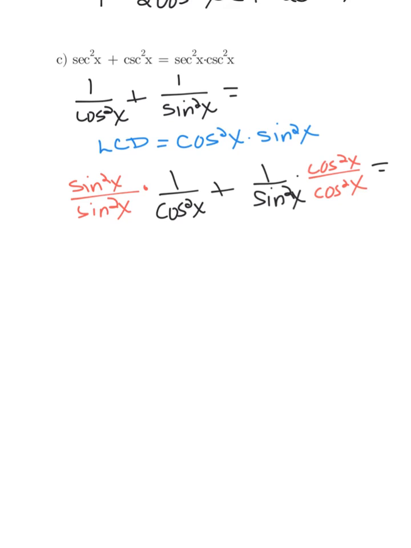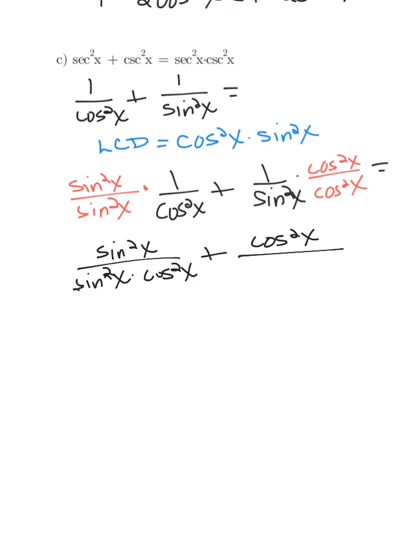Now we're just going to do algebra and follow fraction rules. Sine squared of x times 1 gives me sine squared of x over, multiplying the bottom, you'll get sine squared x times cosine squared x plus, on the second fraction, 1 times cosine squared gives you cosine squared x over the denominator, sine squared x cosine squared x.